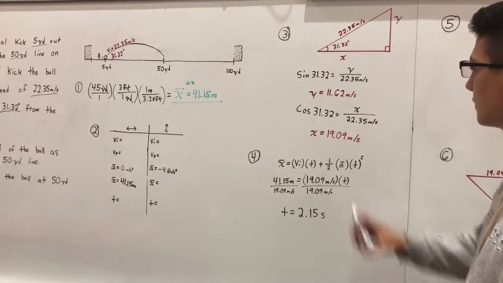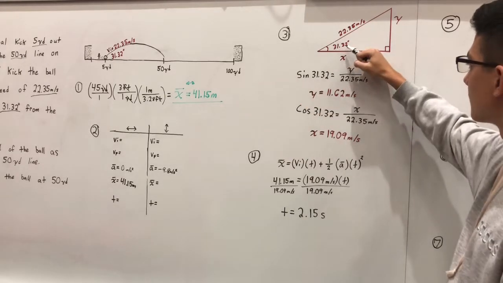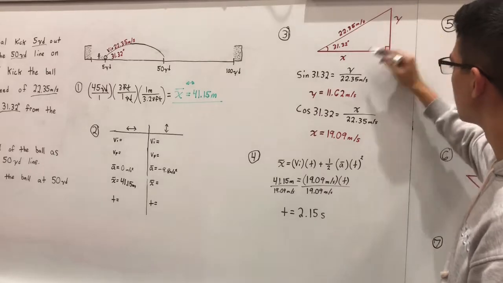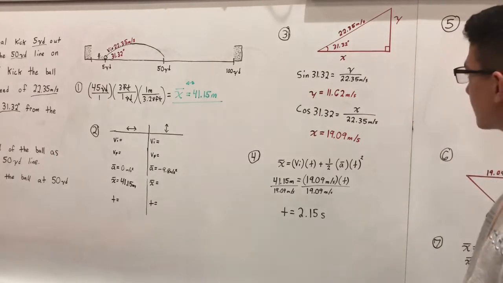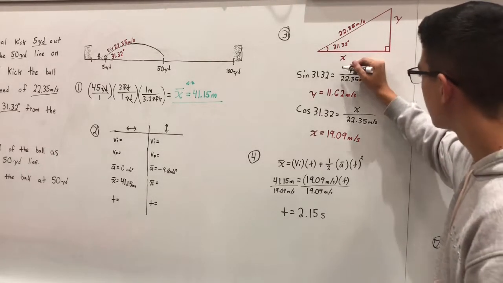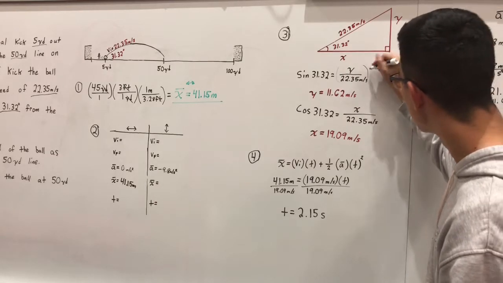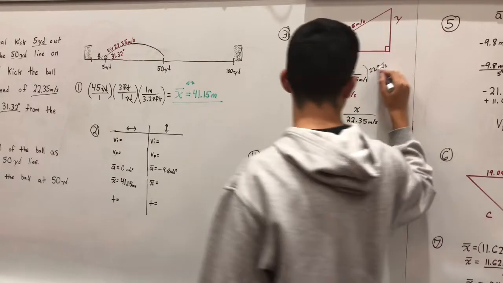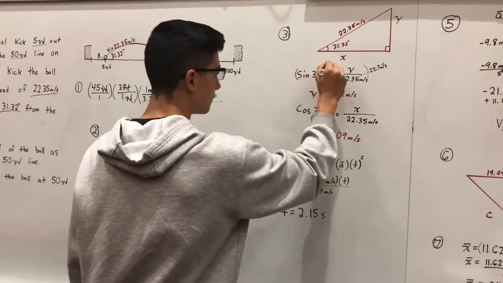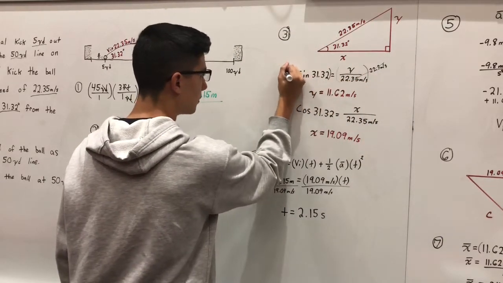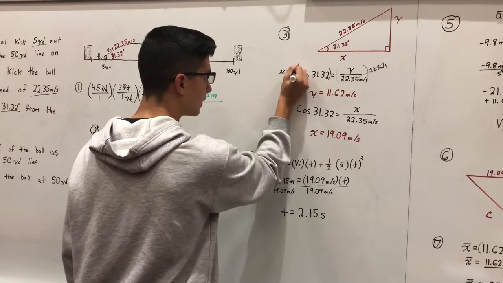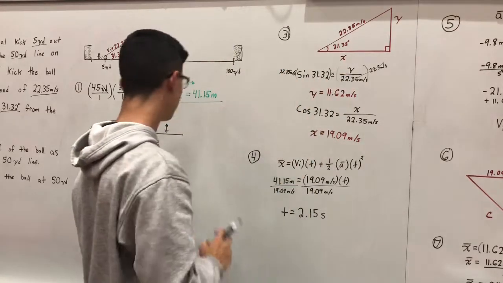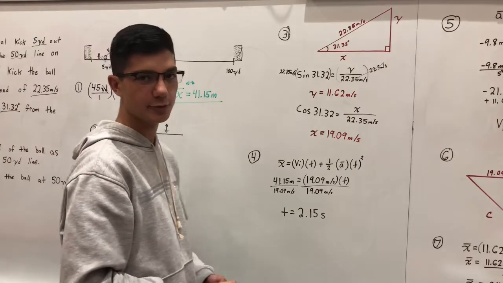The sine of 31.32 degrees would be the opposite over the hypotenuse, so it'll be y over 22.35 meters a second. To get rid of that, you could just multiply by 22.35 meters a second, and you'll get, for your y initial velocity, for your vertical, 11.62 meters a second.